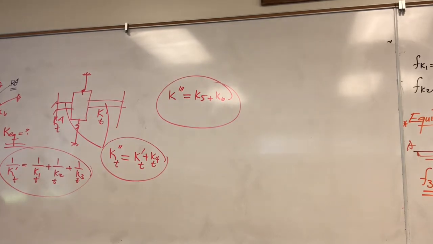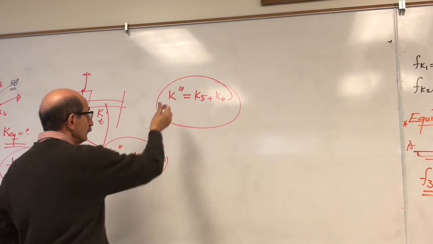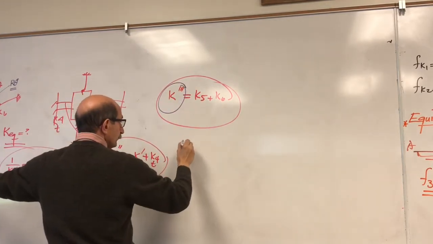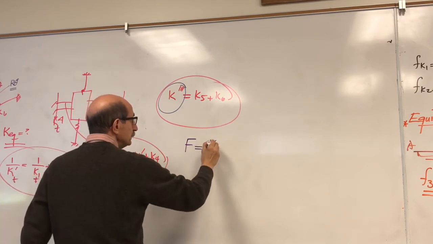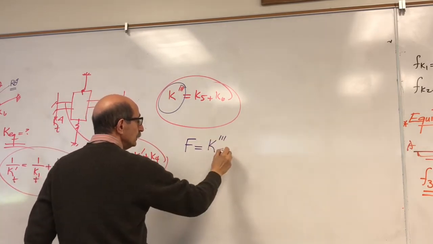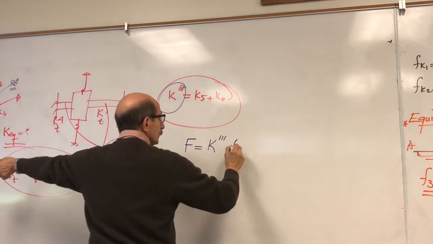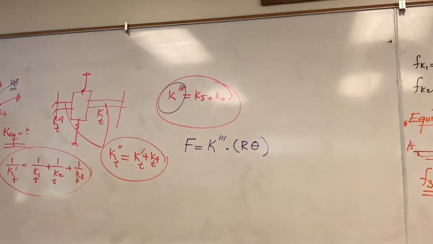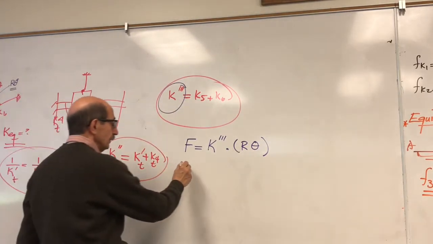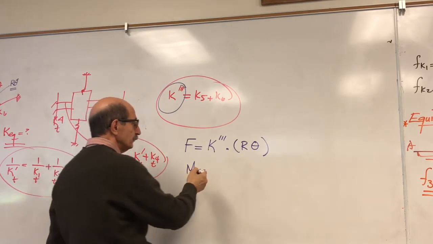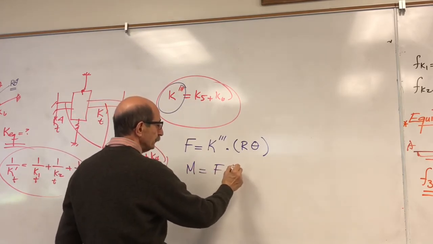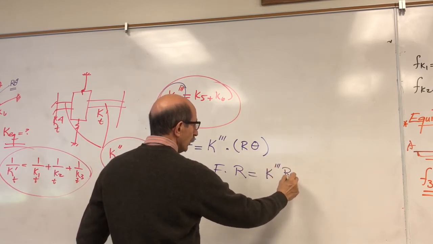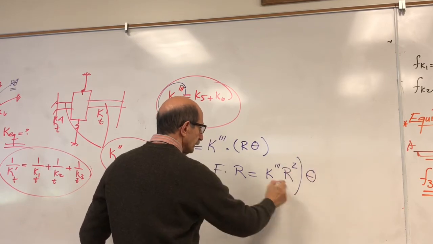They are generating a force F. That force F would be K triple prime times the displacement that this goes through, which is R theta. And with respect to the center of the shaft, this force generates a moment of F times R, which would be then K triple prime R squared theta.